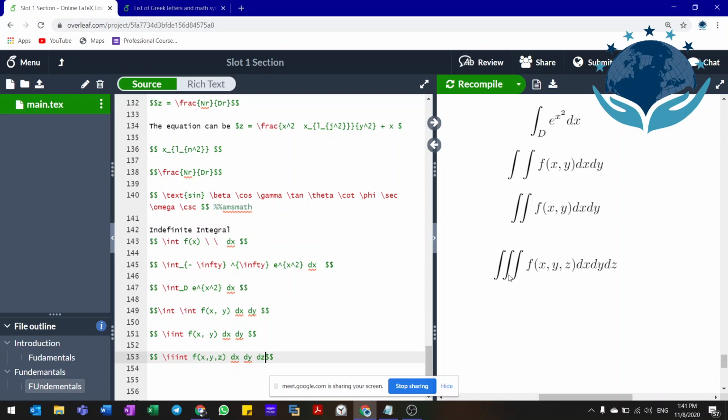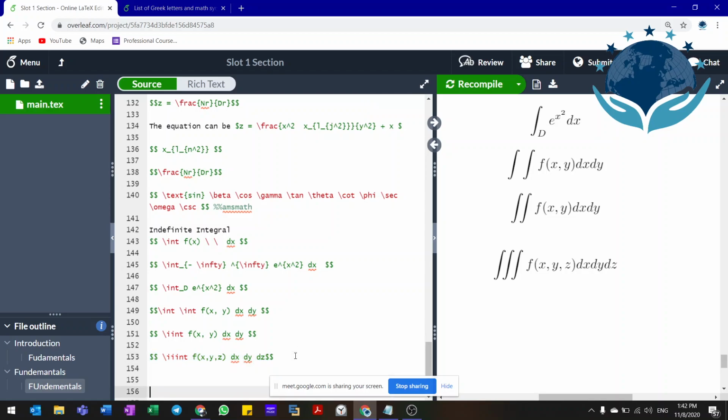For giving the lower and upper limits for each individual integral, obviously you have to go for this scenario, having minus infinity to plus infinity at each integral. If you go for the overall integral, like an indefinite double or triple integral, it is advisable to use double int or triple int. For the double integral you use double int, and for the triple integral you use triple int.